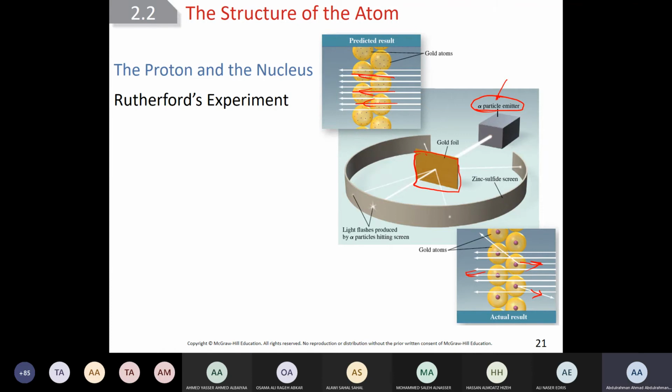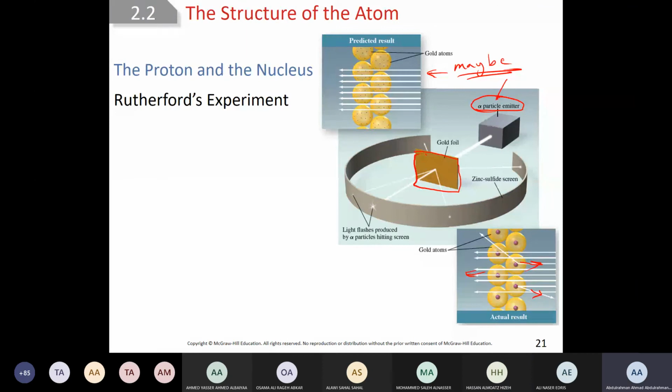So he was expecting, before doing the experiment, that all the rays will go through like this. But what did he find? Is this true? No. What did he find?